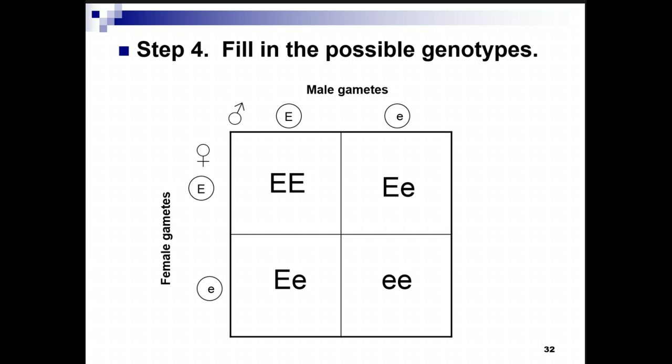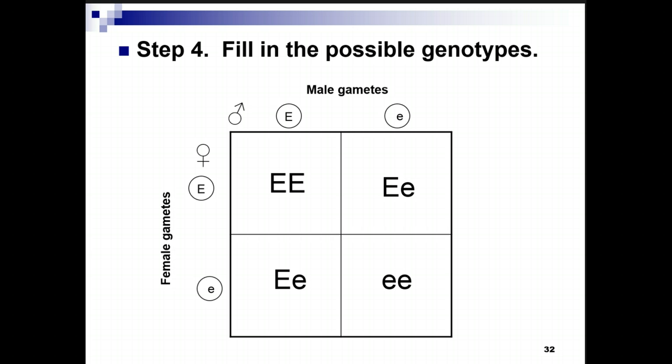So in this first box, we have a homozygous dominant. In the second box at the top, the sperm had a recessive allele and it fertilized a dominant allele in the egg. In this case, the recessive and the dominant make a heterozygous for this trait.